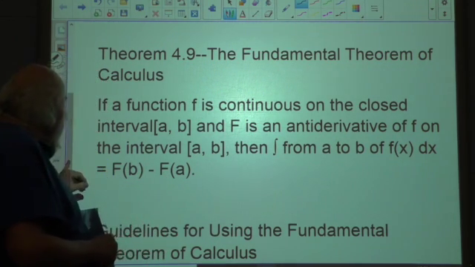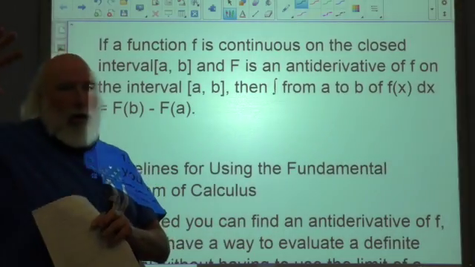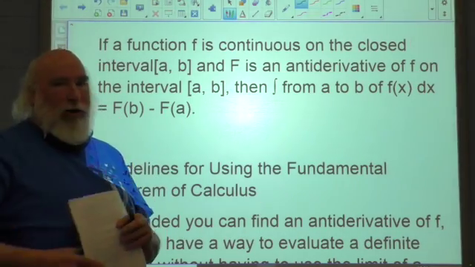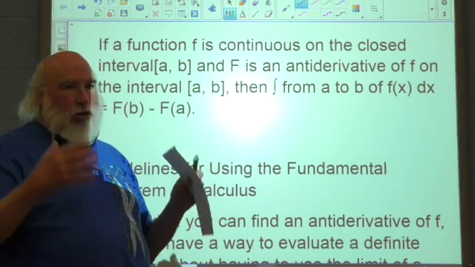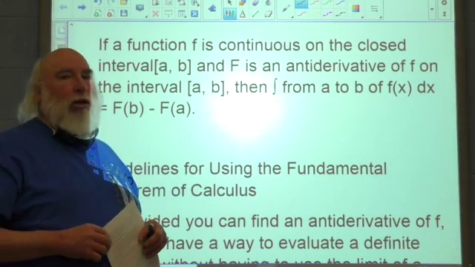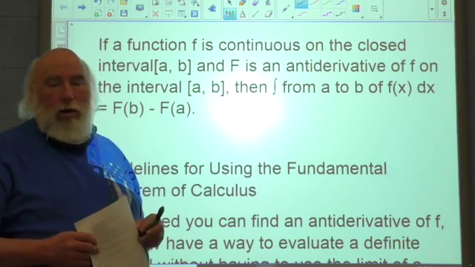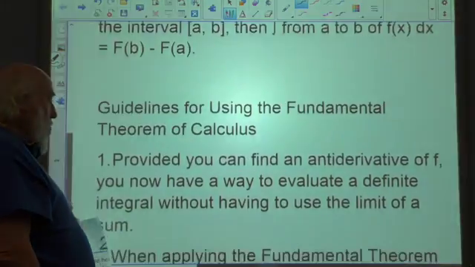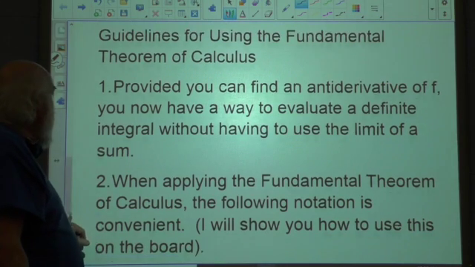Okay, so now we're limiting, instead of going with theoretical infinity and zeros and all that, we're going with actual figures. So those areas that we were finding before in restricted regions are now predictable using integration. Now the book also included some very important guidelines for using the fundamental theorem of calculus.